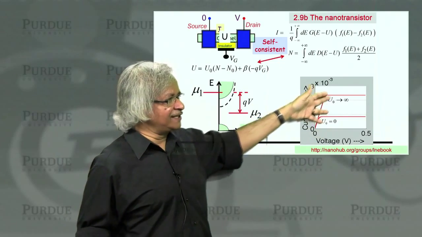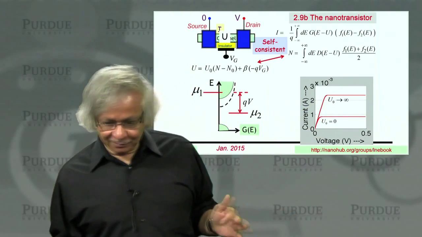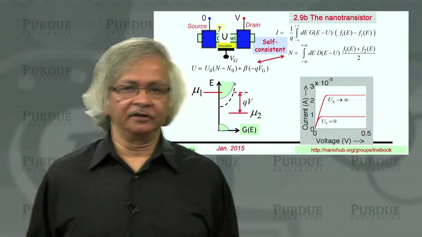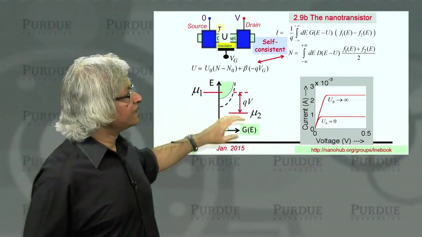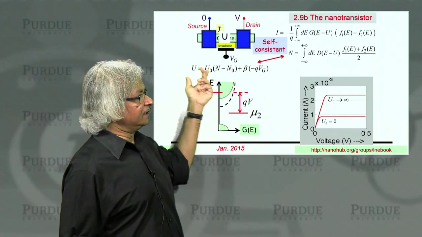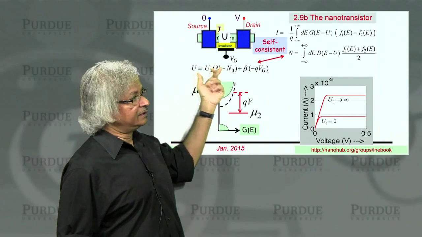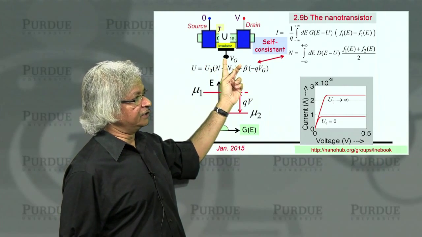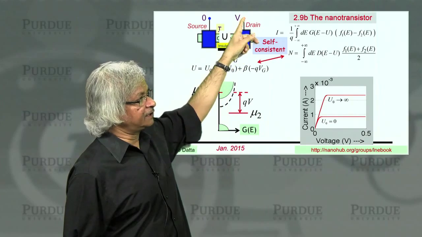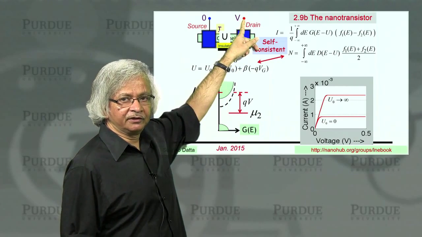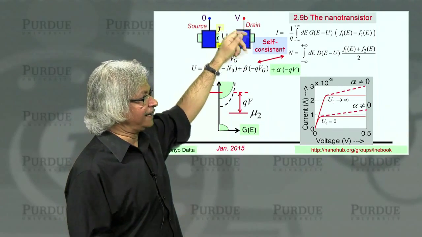And the reason it's getting such great results is because it's ignoring a very important effect, and that is that the potential in the channel that I've written doesn't just depend on the gate voltage here, but is also affected by the voltage that you put on the drain. So you have to include that, you see.